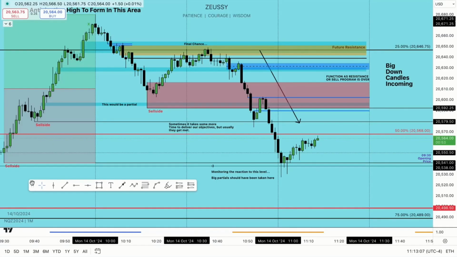Pay attention to 50% of the day CE. Final line of defense for lower prices. If we close aggressively above this level, then to me, that's the warning sign.